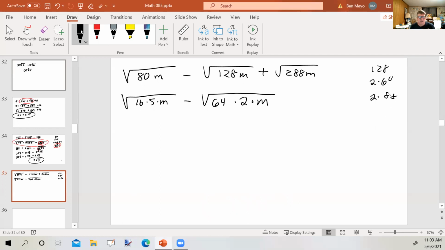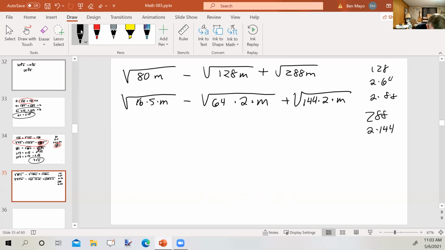In other words, 64 is the biggest perfect square inside of 128. And then let's see, 288 is 2 times 144. 144 is 12 squared. So here we've got 144 times 2 times m. Okay, so I've broken it down into perfect squares and leftover factors.